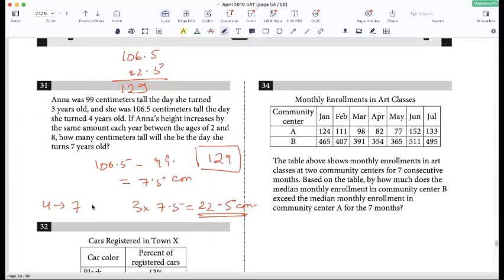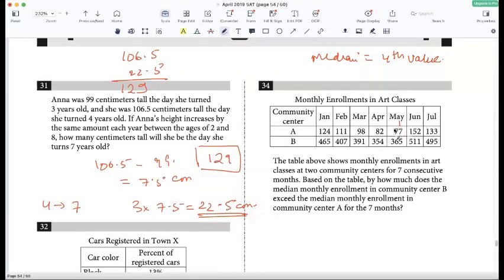The table above shows monthly enrollments in art classes at 2 community centers for 7 consecutive months. Based on the table, by how much does the median monthly enrollment in community center B exceed the median monthly enrollment in community center A? So when you have 7 months, the median would be the 4th value when you put the data points in order. So let's put it in order for A first.